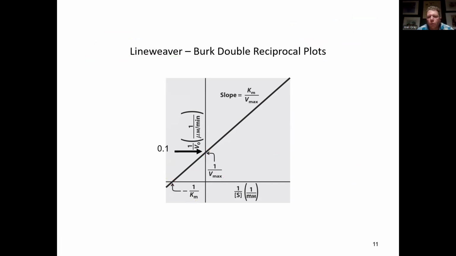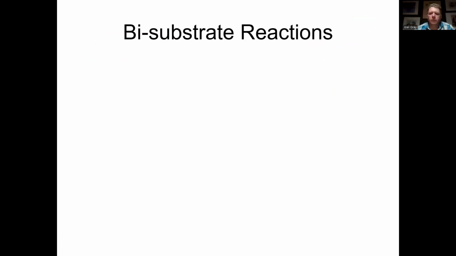So if your y-intercept was 0.1, your Vmax is going to be 10 because 0.1 is equal to 1 over Vmax. Vmax equals 10. If your x-intercept is -5, well, do the algebra and you figure out that Km is equal to 0.2.